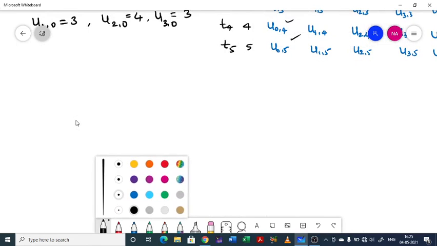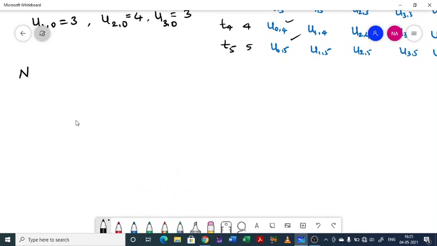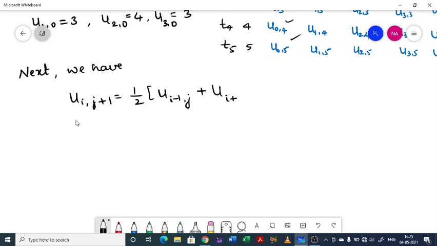Okay, next, to determine the second row, first I'll write the formula. We have u(i,j+1) equal to 1 by 2 times of u(i-1,j) plus u(i+1,j).